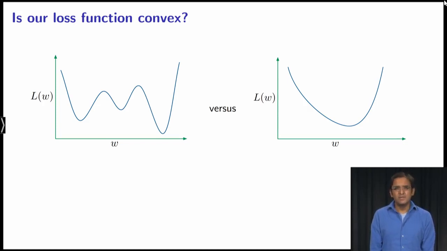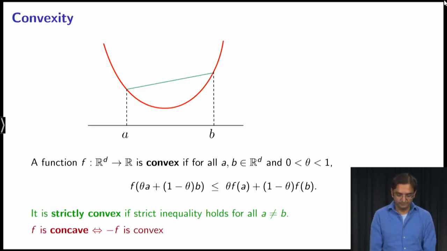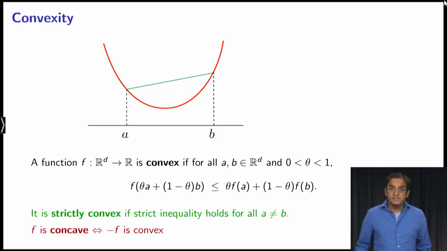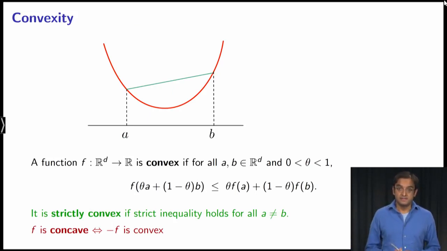So to start with, what is the formal property that makes the picture on the right so nice? It's called convexity. Let's take a look. So what does it mean for a function to be convex? Take any 2 points, A and B. So here's A and here's B. And look at the value of the function at these points, f of A and f of B. And now draw a line between them.